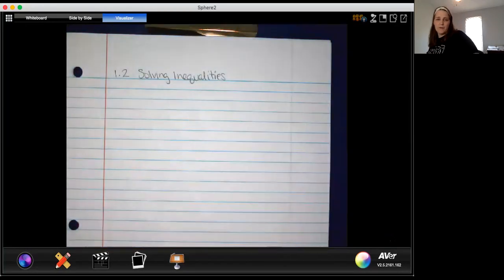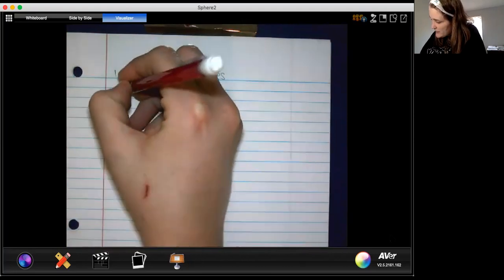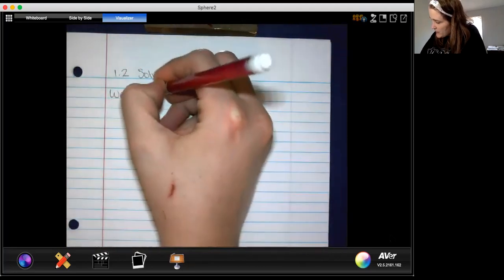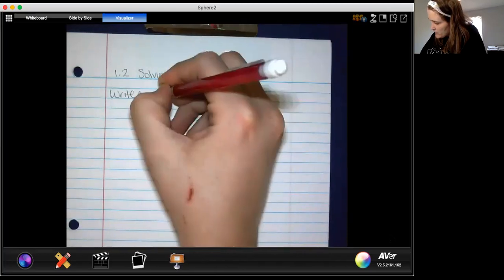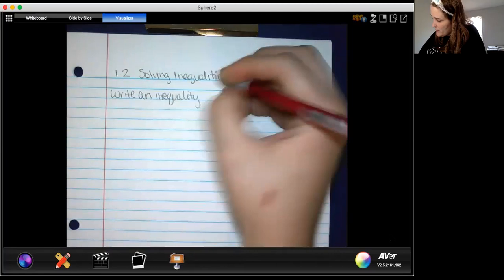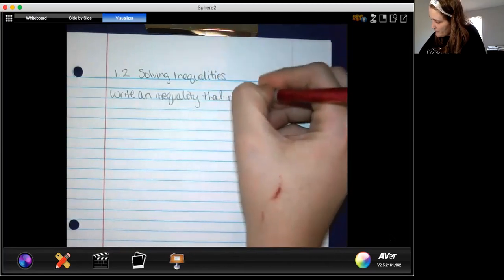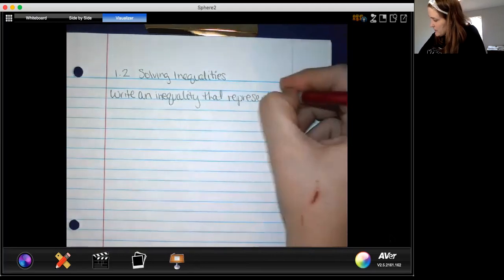Okay, there we go. So first thing you're going to do is write an inequality that represents the sentence.